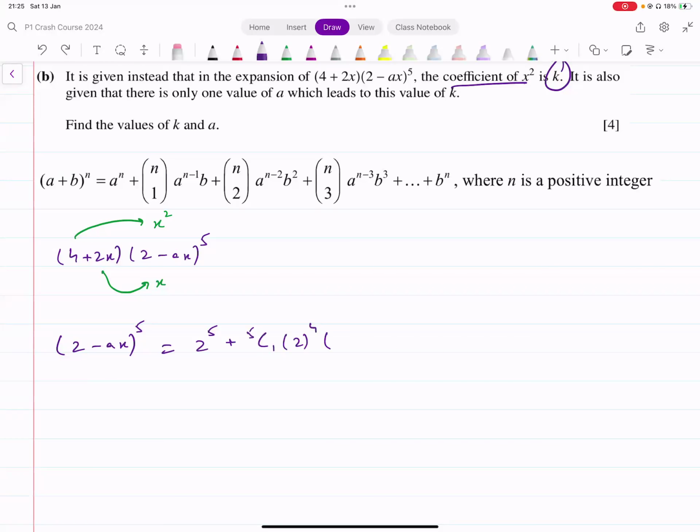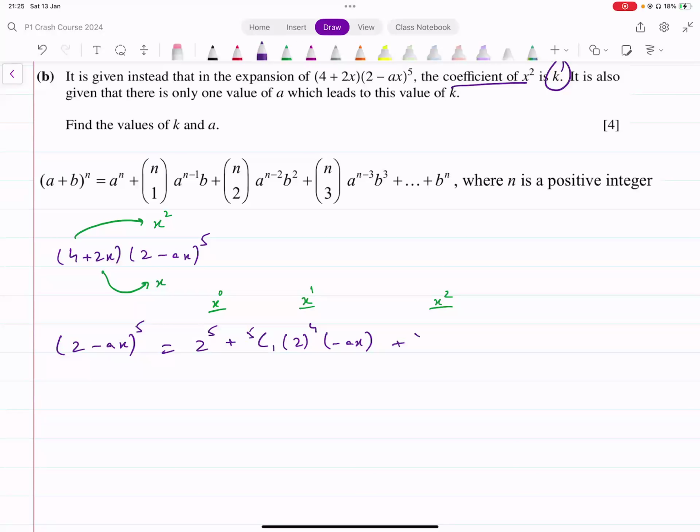What's b now? Minus ax multiplied by minus ax. The first term is just a constant. The second term has x. The first is x raised to the power 0. So you get the pattern. The powers are just increasing 0, 1, 2, 3, 4, 5. So the next one is going to be x squared. That's what you need. X and x squared.